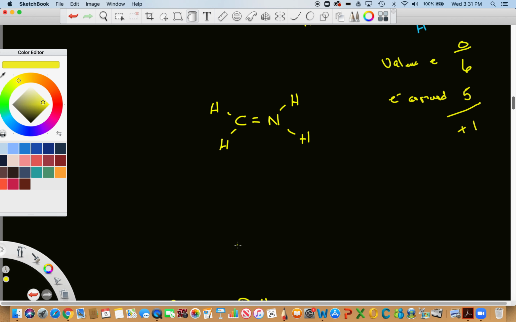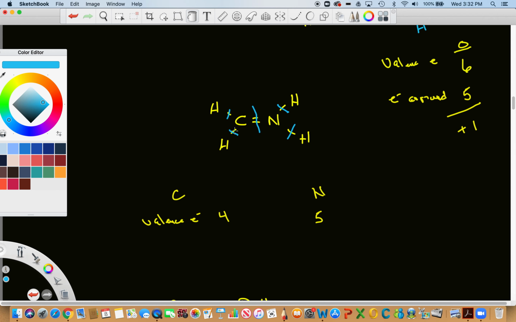So let's do this molecule. We'll do carbon and nitrogen. Carbon has how many valence electrons? Periodic table, it's in column 4. Nitrogen has how many valence electrons? It's in column 5. Now I get my scissors out and cut every bond.